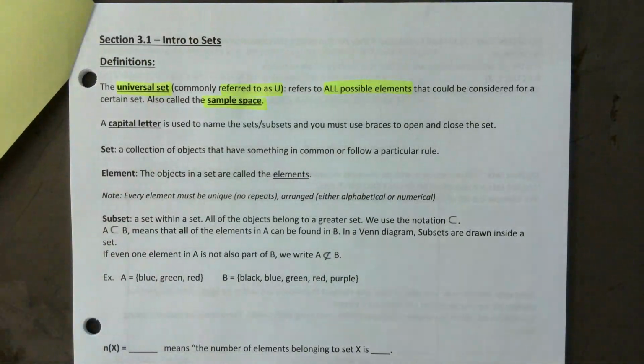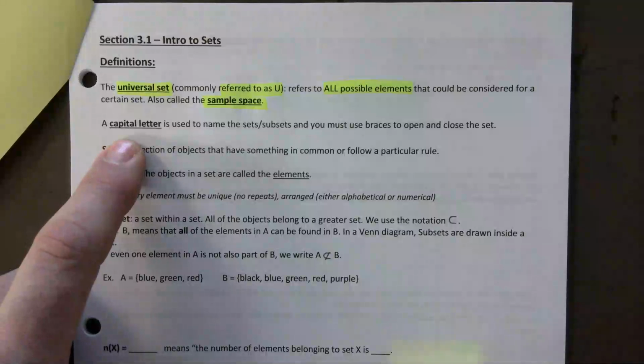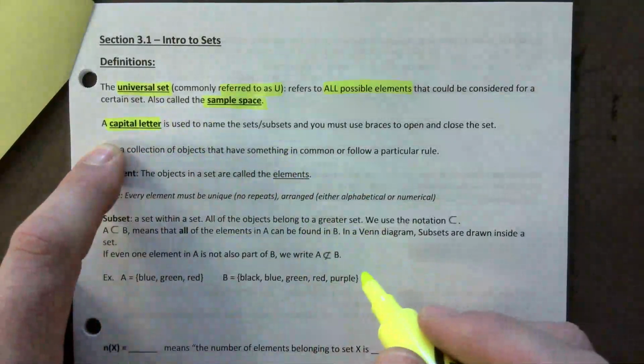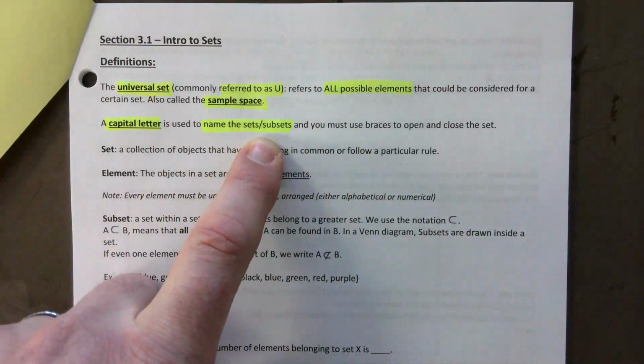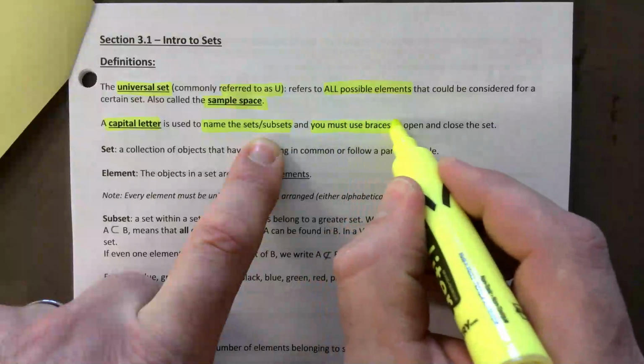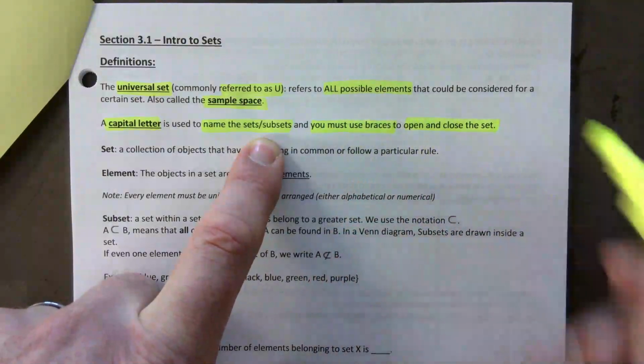If you remember Venn diagrams, I don't know if you've ever done Venn diagrams, that's where this is ultimately going, just so you know. So if you know Venn diagrams, then I just need to define everything before I start. A capital letter is used to name the set or subsets, and you must use braces to open and close the set.